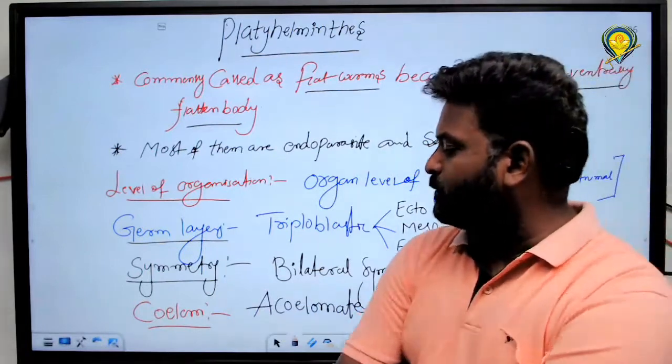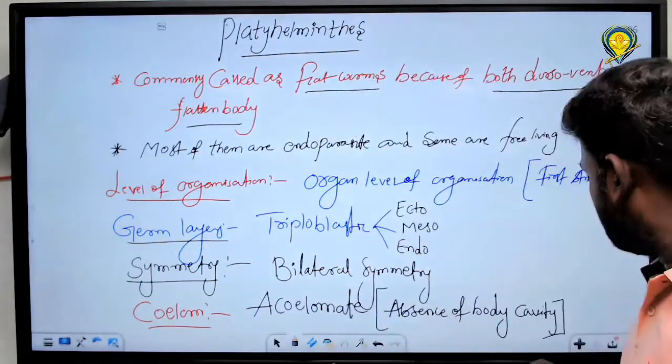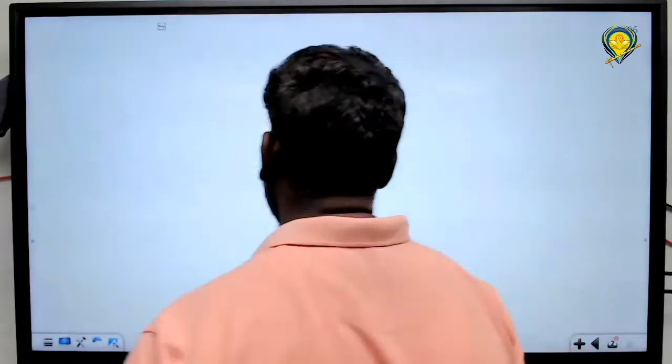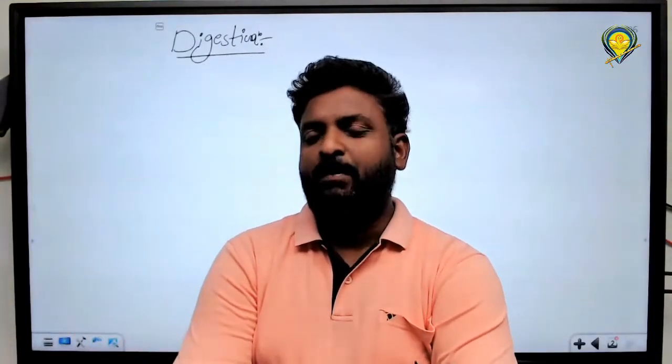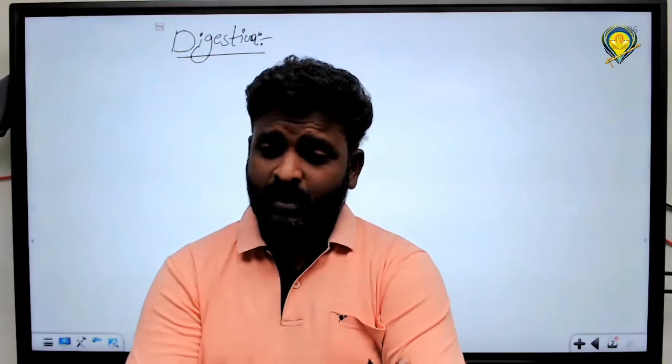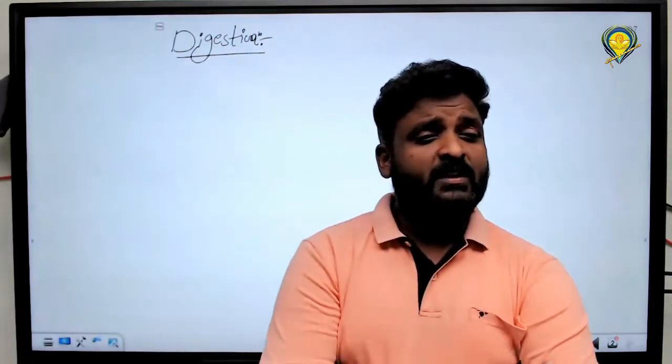Now, let us discuss more about Platyhelminthes. Next, digestion. Please write it. Incomplete gut or complete gut? Incomplete gut. And you have to know another thing: there is a special property in parasitic life.